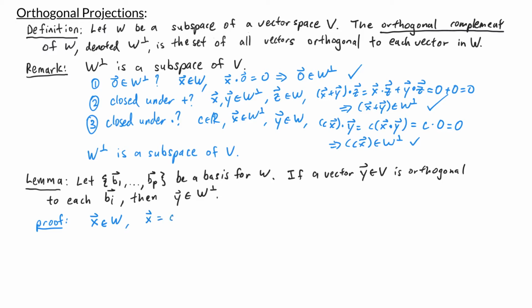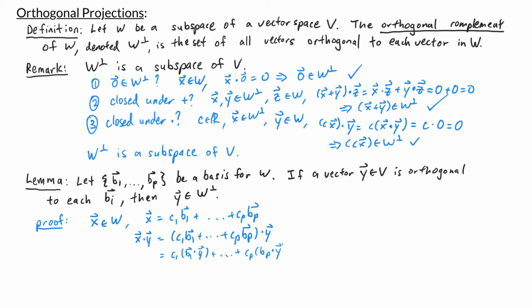So x equals c1 b1 plus up through cp bp. Now let's take the dot product x dot y. If I rewrite x as a linear combination of the basis vectors and then distribute, I get that this dot product is c1 (b1 dot y) plus up through cp (bp dot y).